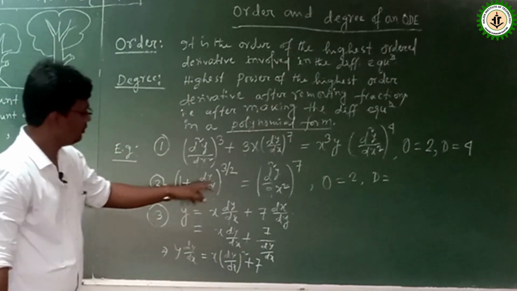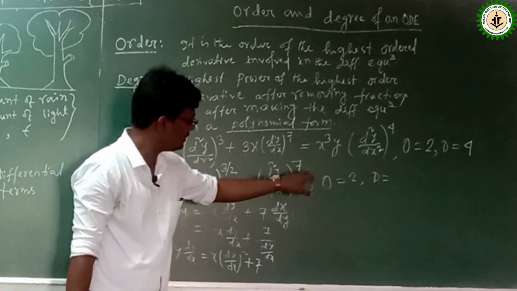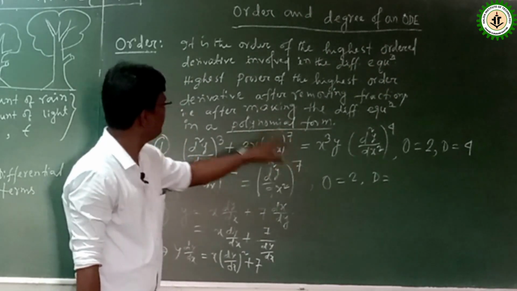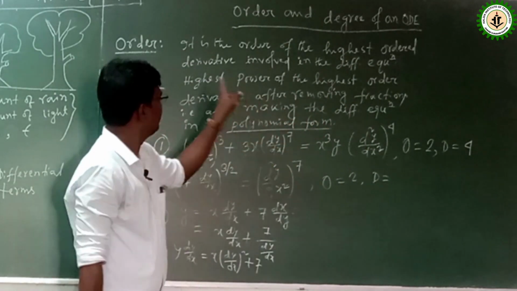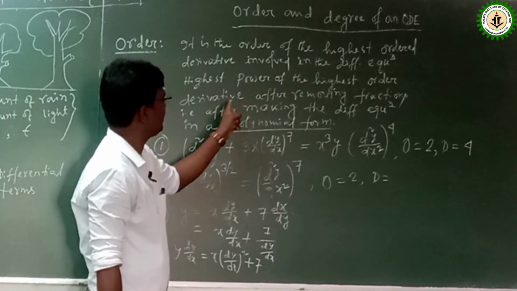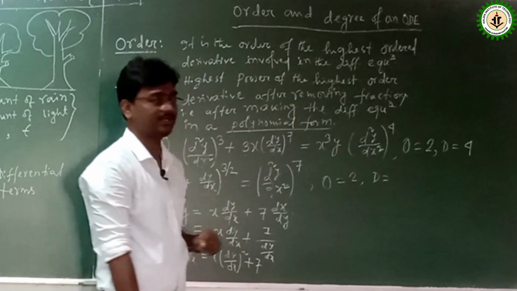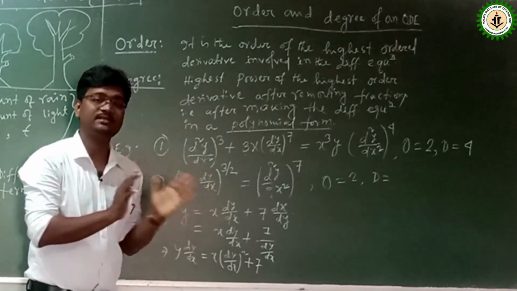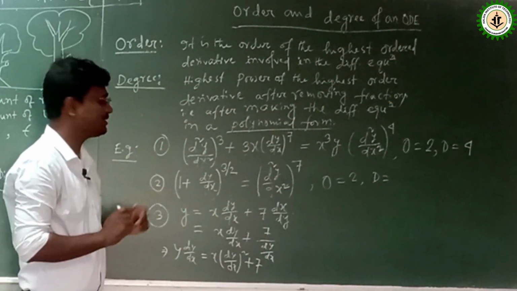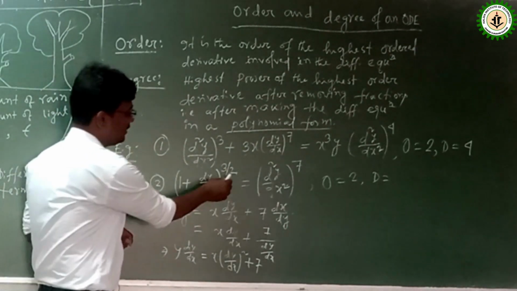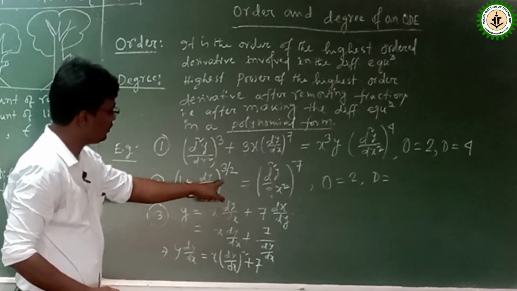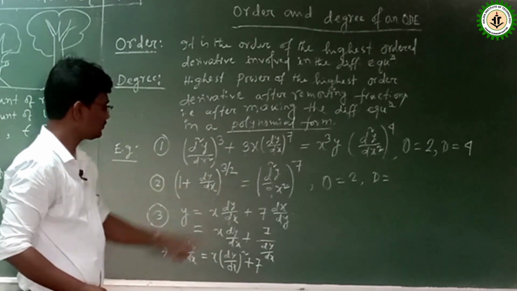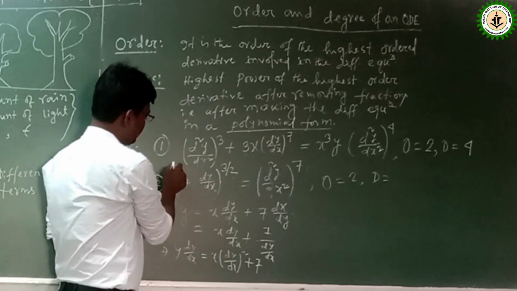Look here, you may say the degree is 7, but look at the definition: highest power of the highest order derivative after removing fractions. If there is any fraction, you have to remove this fraction first. Look here, 3 by 2 is a fraction, so you have to remove it. How to remove this fraction?